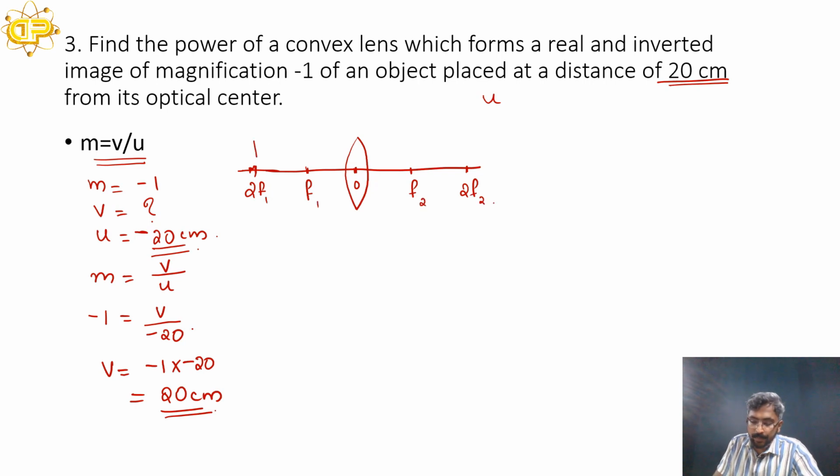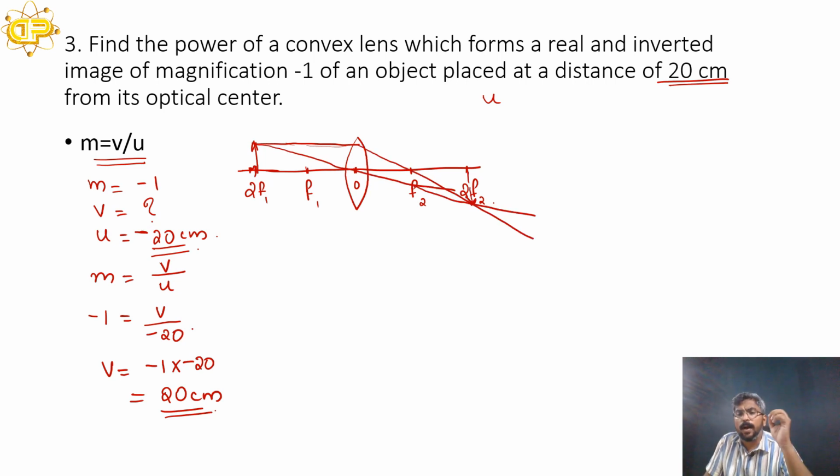If I keep the object like this, then definitely I will get an image somewhere like this. If you have some doubts regarding the image formation, you can go through the videos where image formation by a convex lens is taught, and you can clearly get the ideas from there.